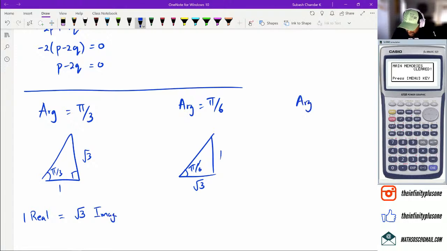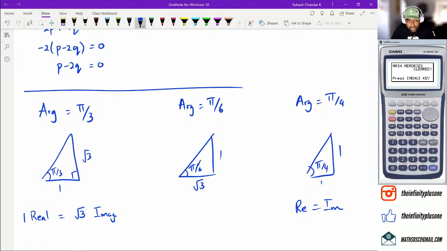When they say argument is equal to pi over 4, that's when you have 1 and 1, so that's why you go real equals imaginary. But when they do argument of pi over 3, you go 1 of real is square root of 3 times imaginary. And likewise, you can do square root of 3 times real equals imaginary if it's pi over 6.